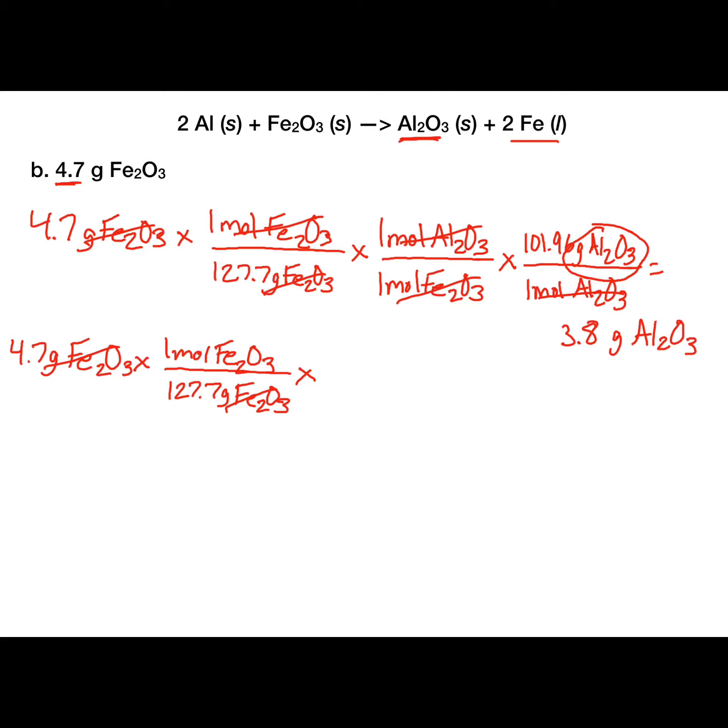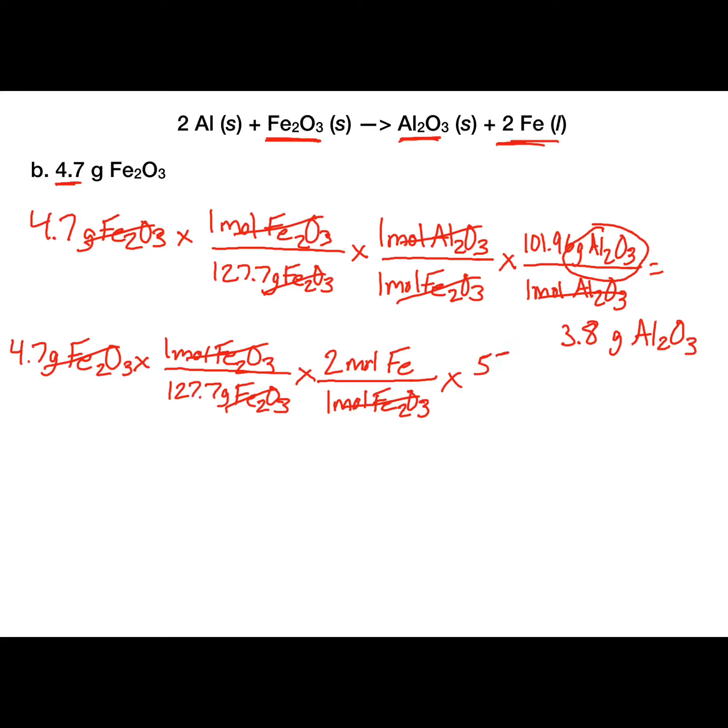Now we need to use our molar ratios in our chemical equation. So for every 1 mole, there's 1 mole of our iron 3 oxide. There is 2 moles of iron. So we have 2 moles of iron over 1 mole of our iron 3 oxide. Okay. Now we just change the moles of iron into grams. There's 55.85 grams of iron per mole.